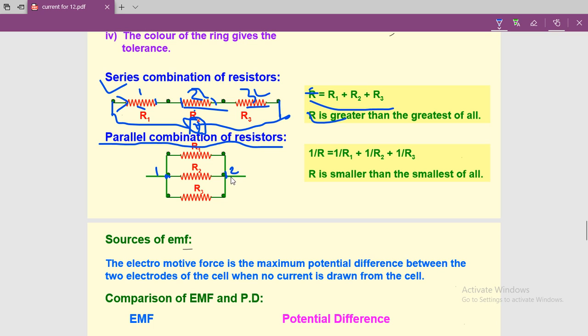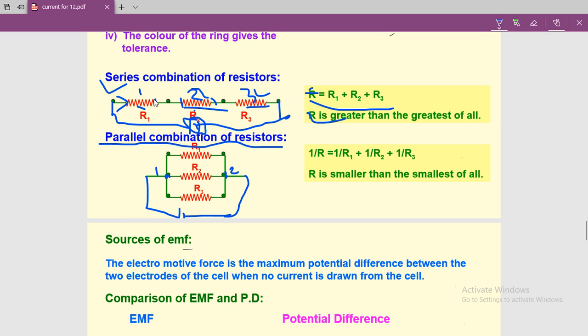This one is point number 2. So you can see one end of each resistor is connected to point 1 and the second end of each resistor is connected to point 2. Now this is the open end where we can connect the cell. Now you can see in series combination the resistors are not connected like this.